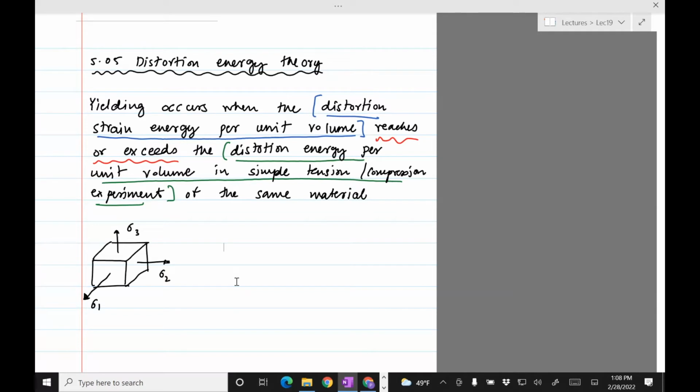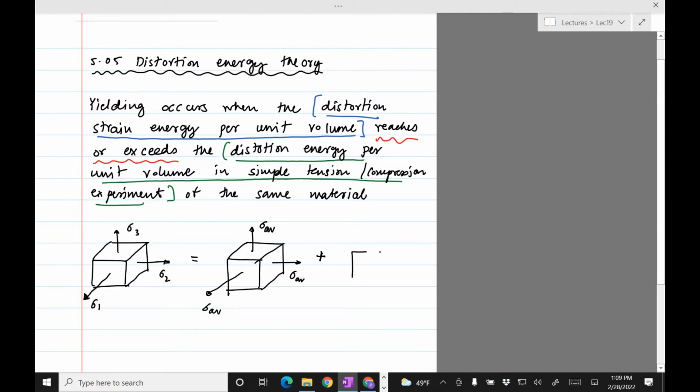Okay, so if things are linear, then we can decompose this stress into 2 parts. An average stress, which I'll call sigma average, and then the part which is the subtraction, sigma 1 minus sigma average.